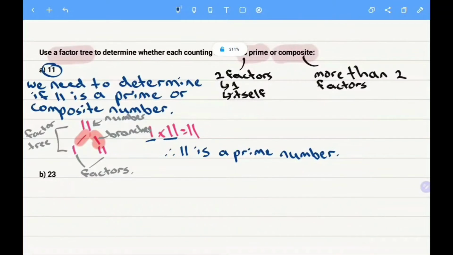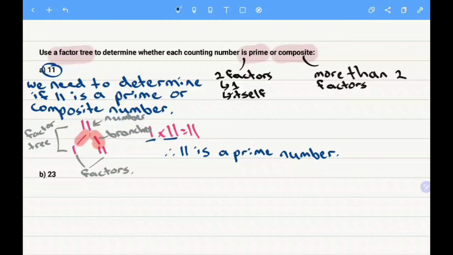So the key steps to solving these sort of questions is that number 1, you need to determine what it is that you're finding. Number 2, you have to draw up a factor tree and determine the factors of that number.